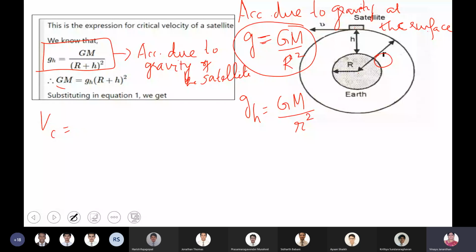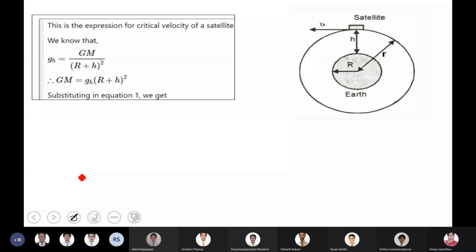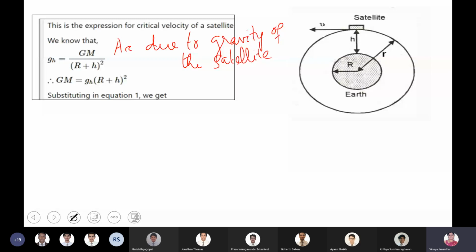What you have to write is this: the acceleration due to gravity of the satellite, that is gh, because the satellite is at a distance of R plus h from the center of the Earth. So you get a value of GM. This value of GM you have to substitute in the expression of Vc and get me the value of Vc.